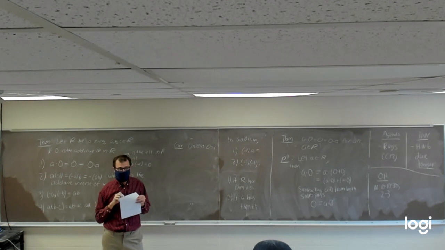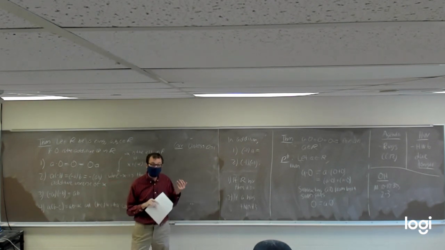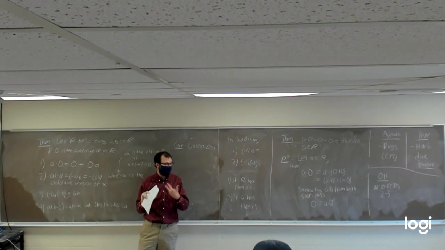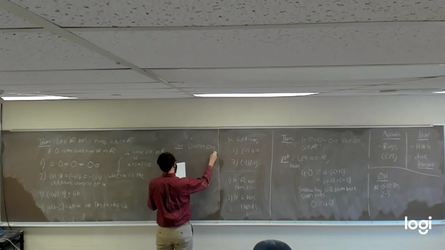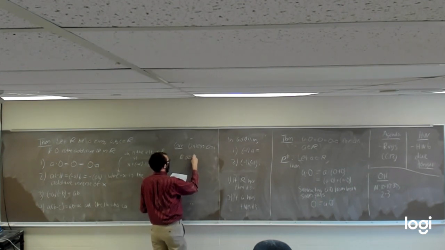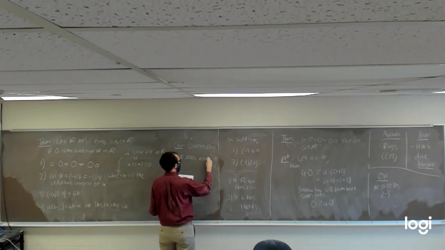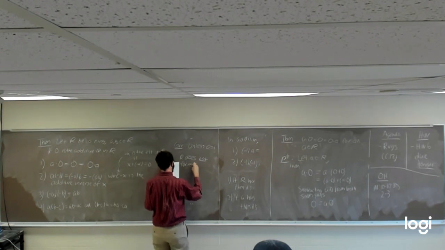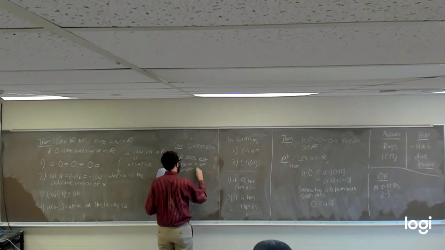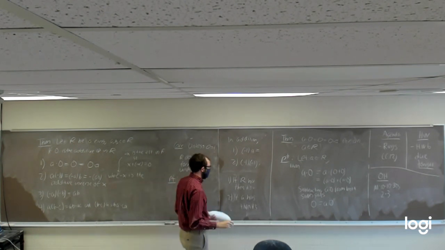what do I mean by if 0 equals 1? Unless the additive identity and the multiplicative identity are the same element, R does not form a group under multiplication. And as a really quick proof for that, why doesn't R form a group?